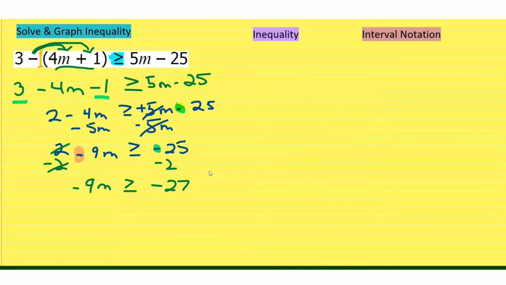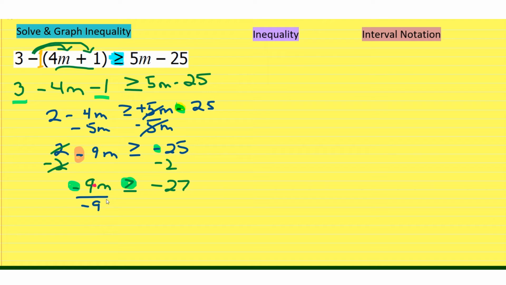Okay, now here's where you have to remember your inequality rules. If we're going to divide by a negative, then it's going to flip the sign of the inequality. So I am going to divide out the negative 9 because, of course, this negative 9 is being multiplied times that m.